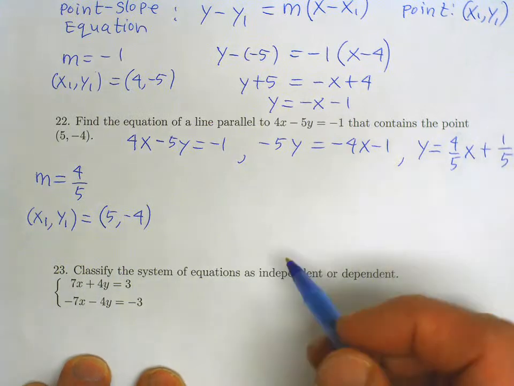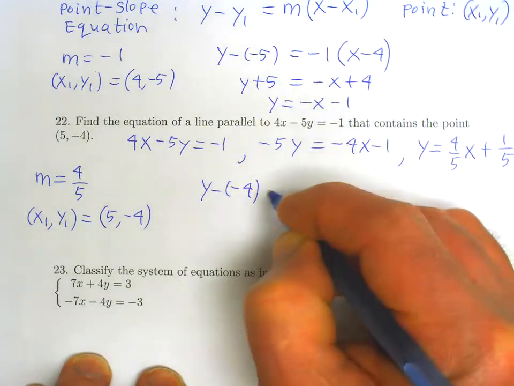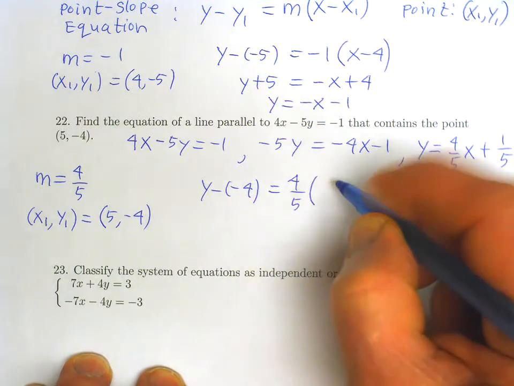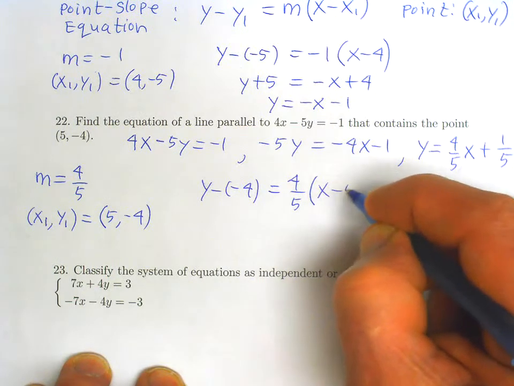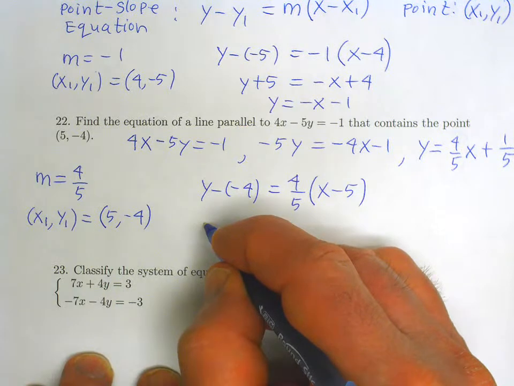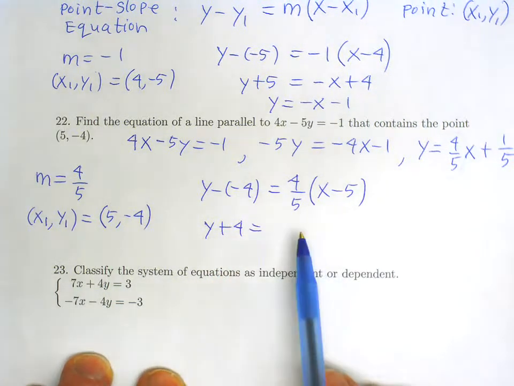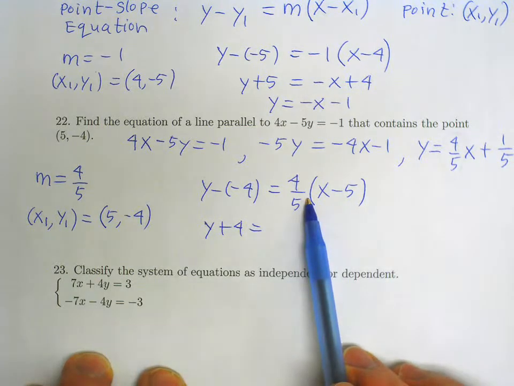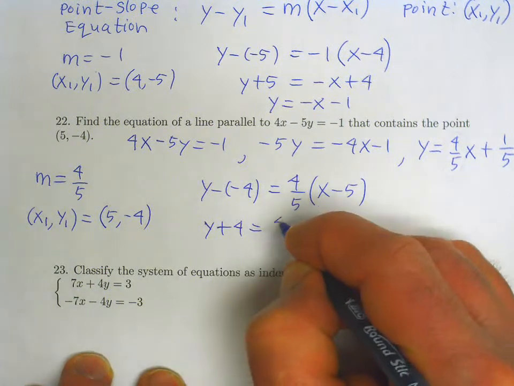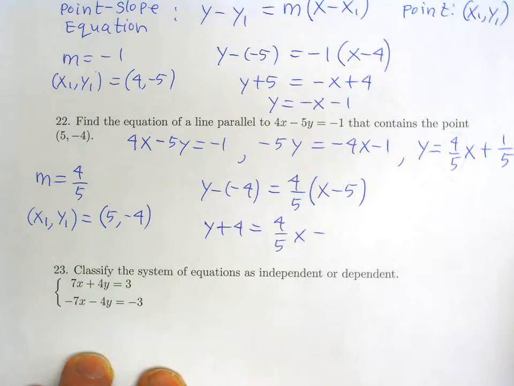So we write the point slope equation, y minus negative 4 equals the slope 4/5 times the quantity x minus 5. And we should do a little bit more arithmetic. Y minus negative 4 is y plus 4. And then if you distribute multiplication by 4/5, we get y plus 4 equals 4/5 x minus 4.